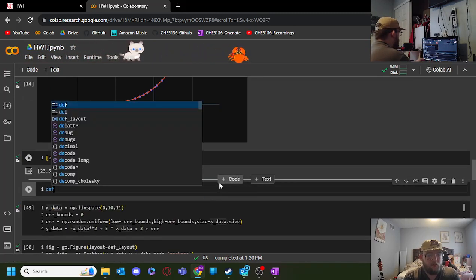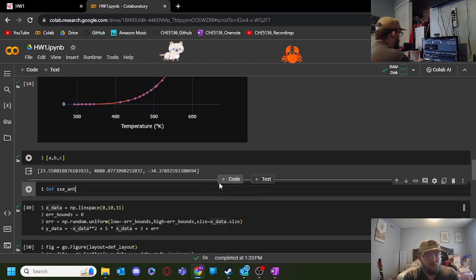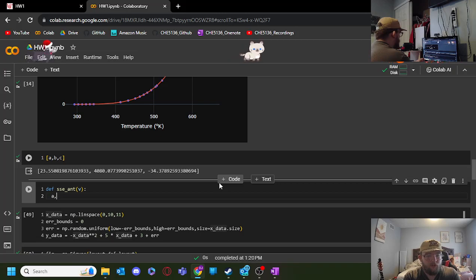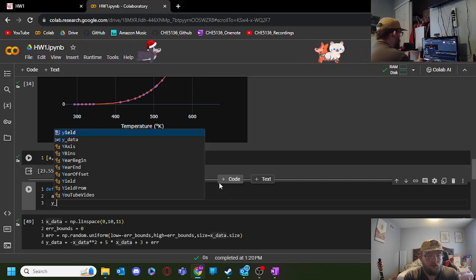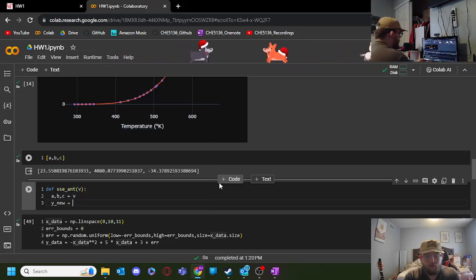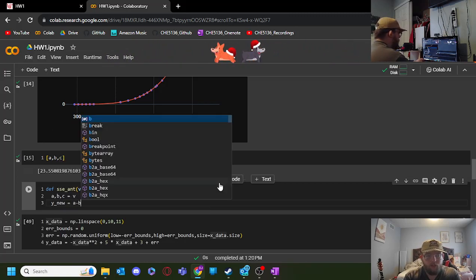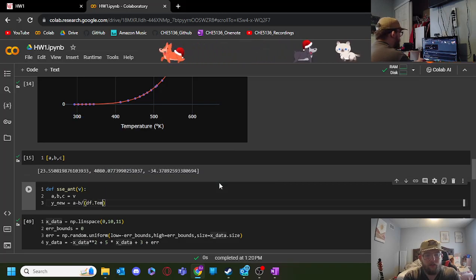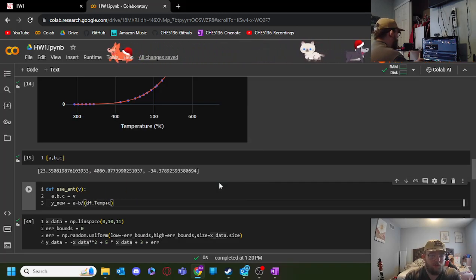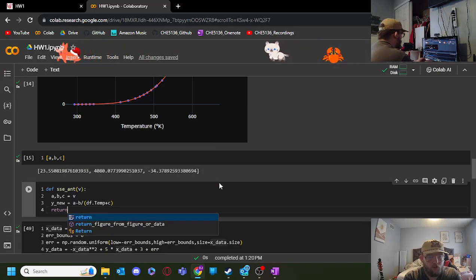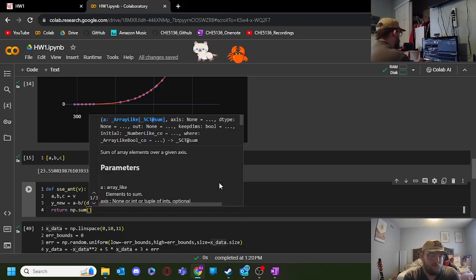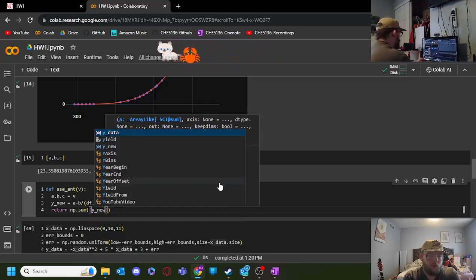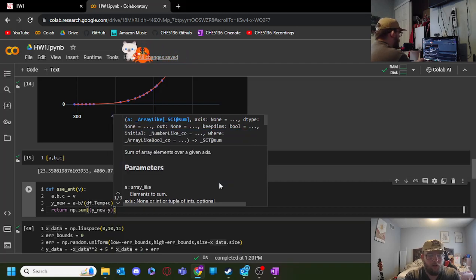define SSE of A, B, C equals B, y new equals A minus B over df.temp plus C, to return np.sum of y new minus y.